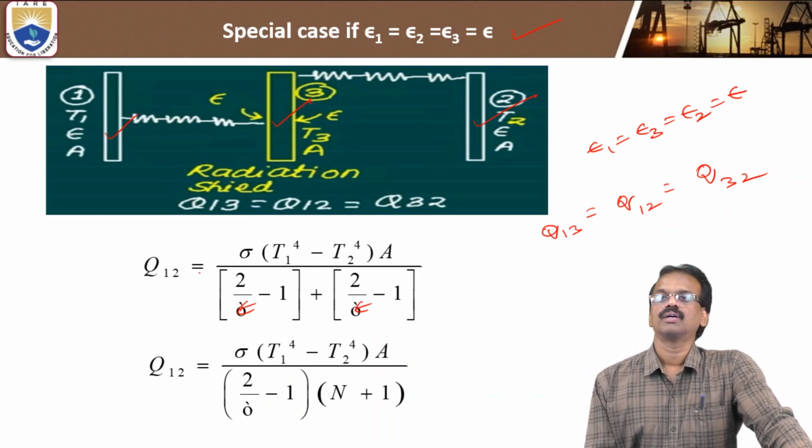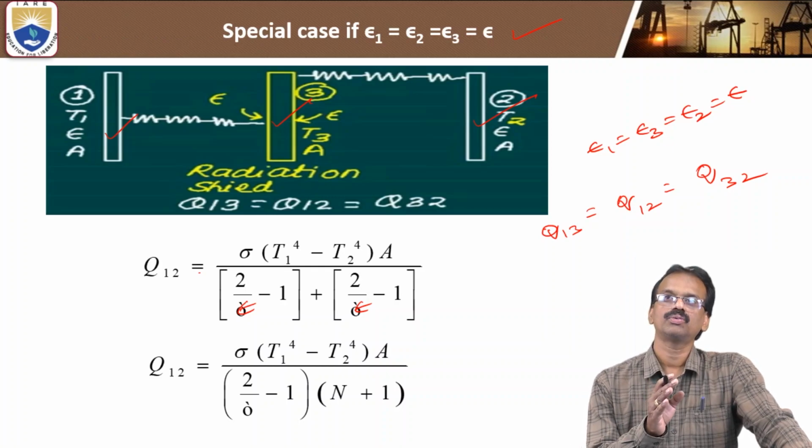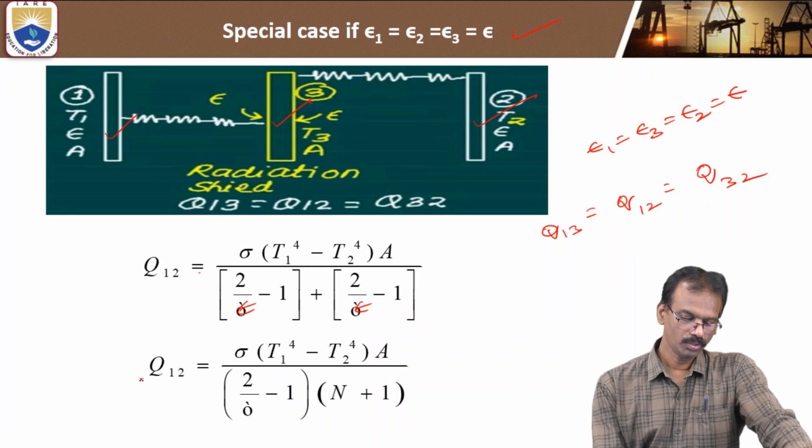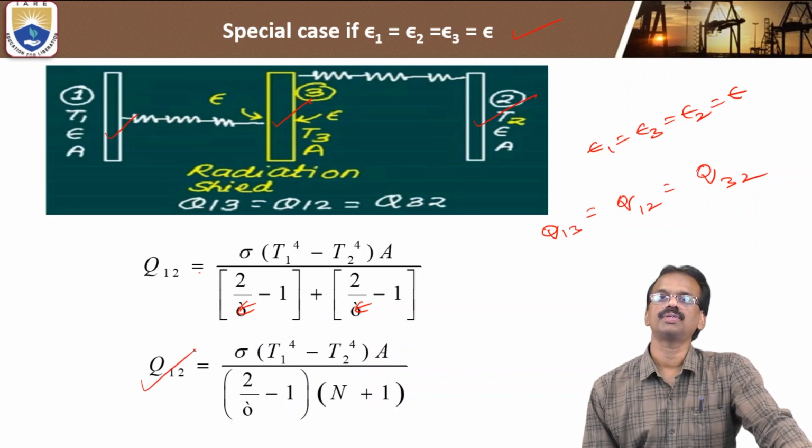If there are n number of shields placed between the two surfaces, this is the formula for Q12, the rate of heat transfer from surface 1 to surface 2 by placing different numbers of shields.